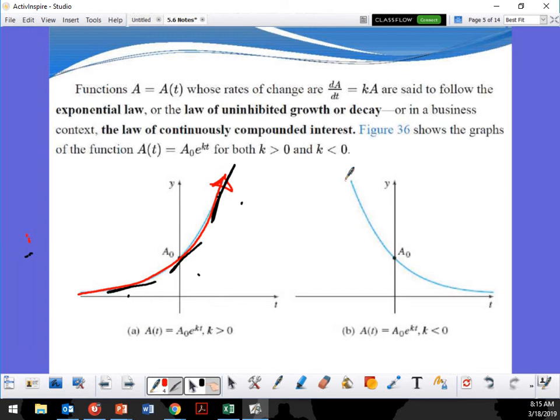This right here is going to be decreasing at a decreasing rate. So it's starting to decrease, so it's decreasing fast here, not so fast here, and slow here, right? Is that okay? Okay.